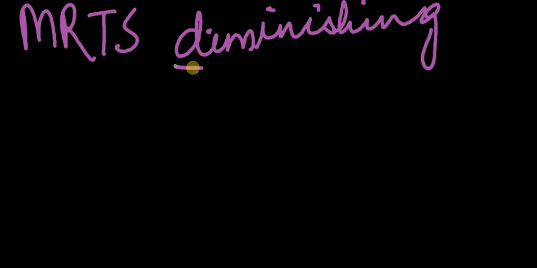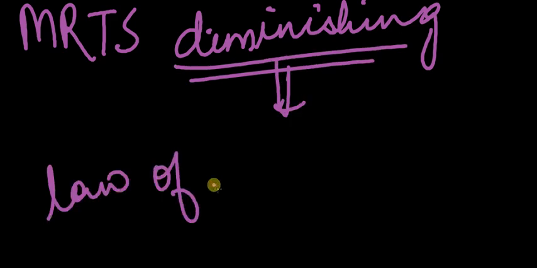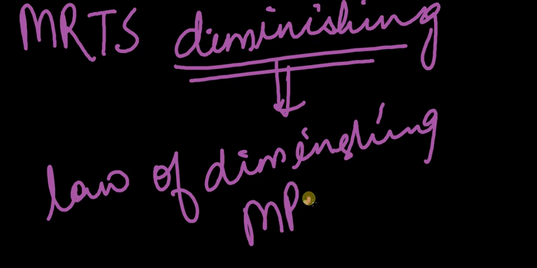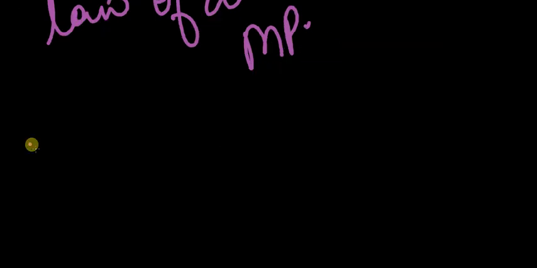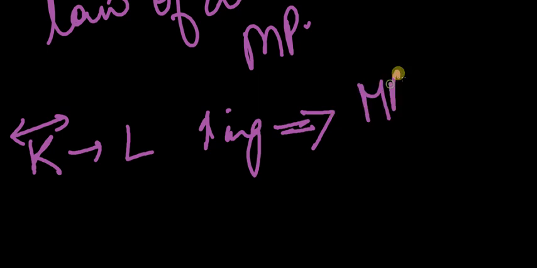To know this, you must know the law of diminishing marginal product, which says the following: if I keep capital constant and keep on increasing labor, then the marginal product of labor will keep on falling.